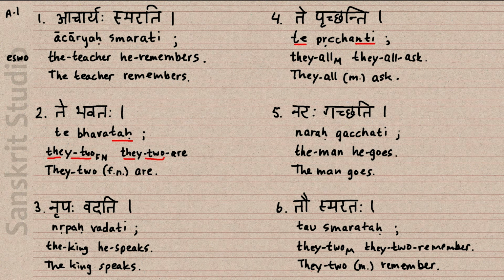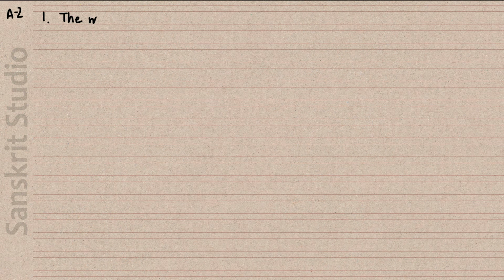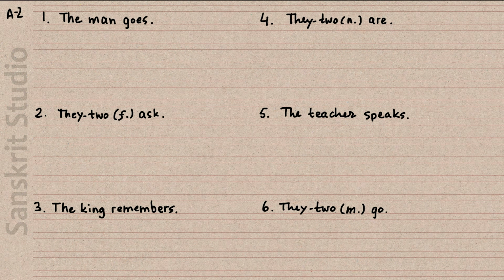page number 1 then, and then we go on to page number 2. The first one, the man goes, and now we come from English. So the first line is now an eswo line, English with Sanskrit word order. So we are grouping the noun and the article there, the man, and we are clarifying the verb.